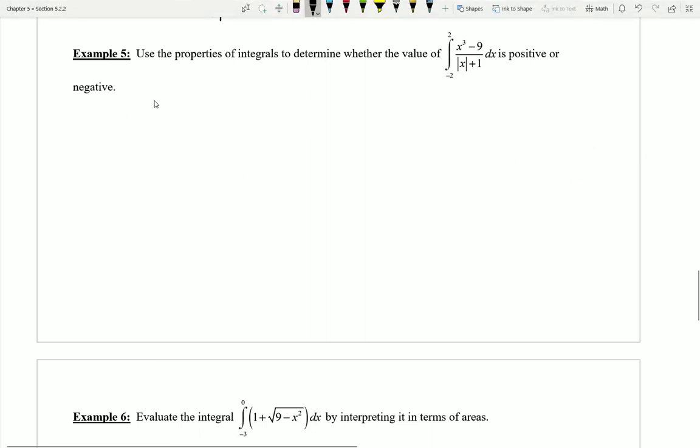All right, so I'll note first that our value of x is actually going to exist purely between -2 and 2.